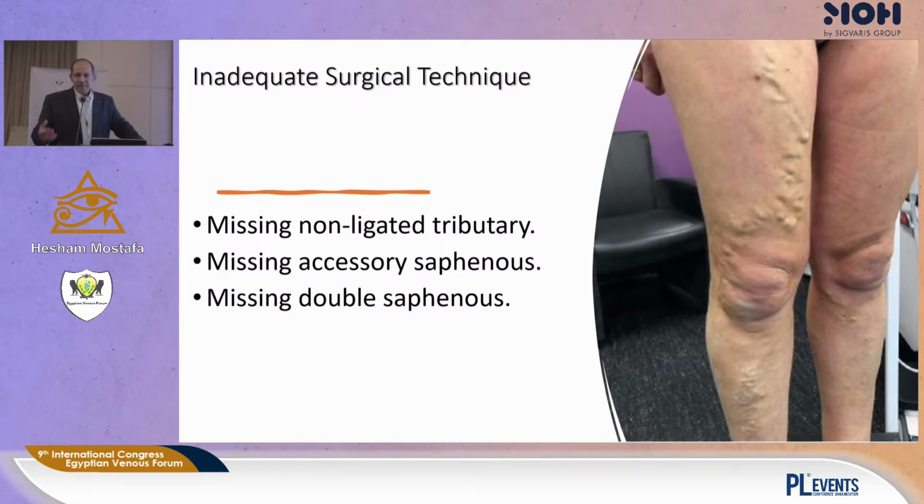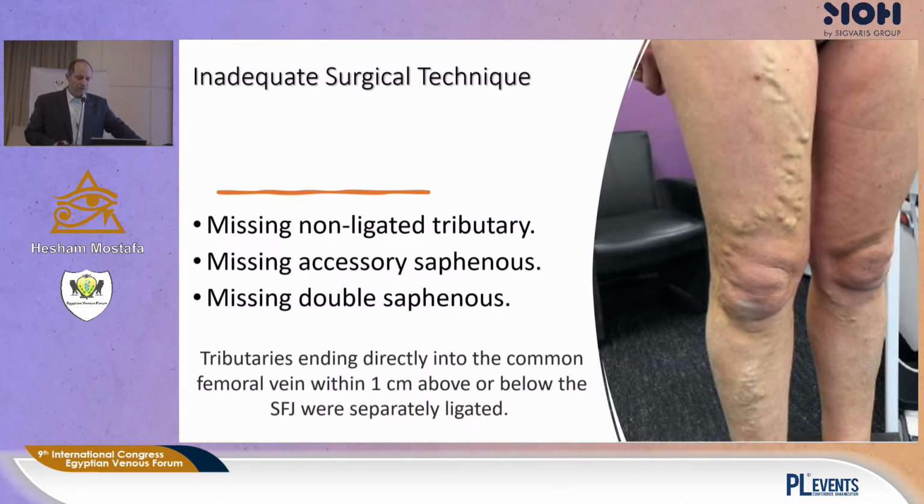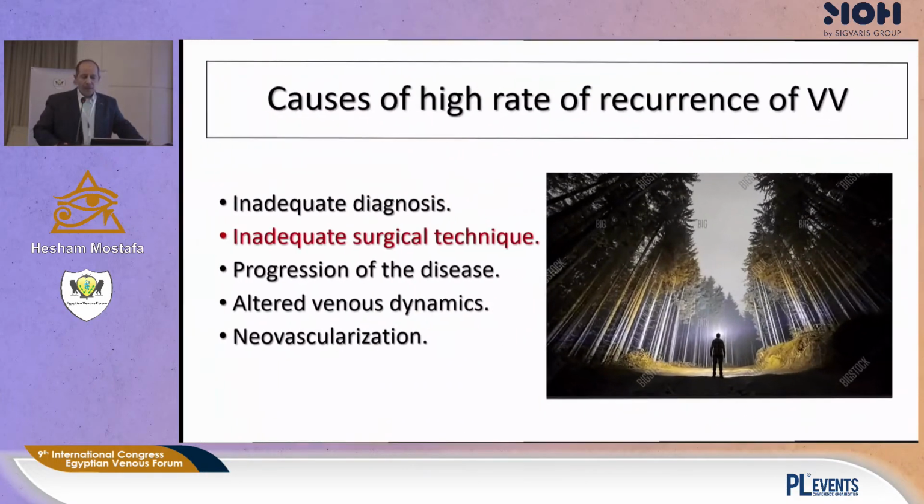Leaving or missing a non-ligated tributary is one of the inadequate surgical techniques, together with missing an accessory saphenous or missing a double saphenous, which is rare. Tributaries ending directly into the common femoral vein within 1 centimeter above and below the saphenofemoral junction should be ligated to avoid these inadequate surgical techniques.